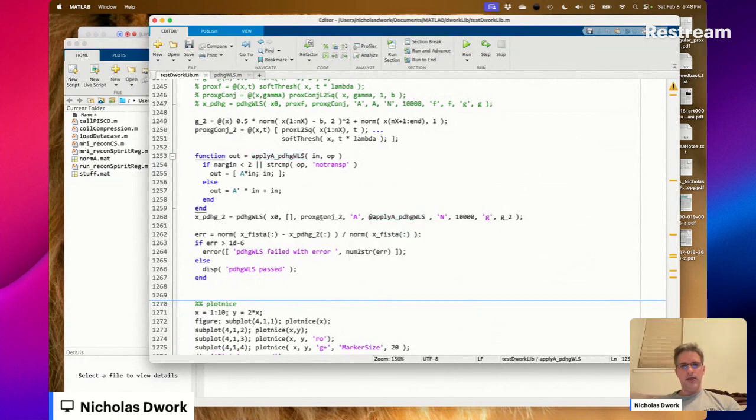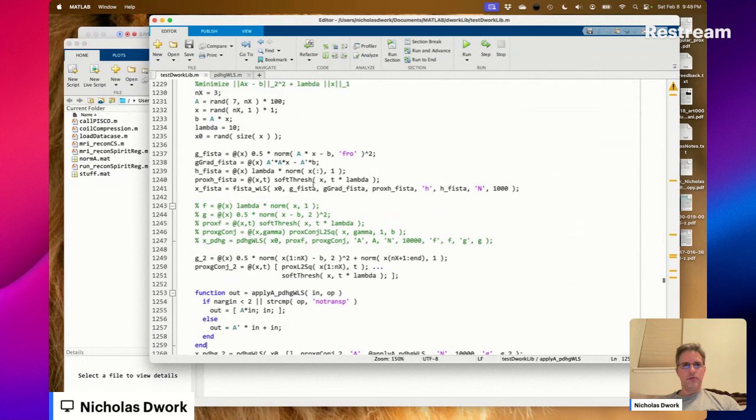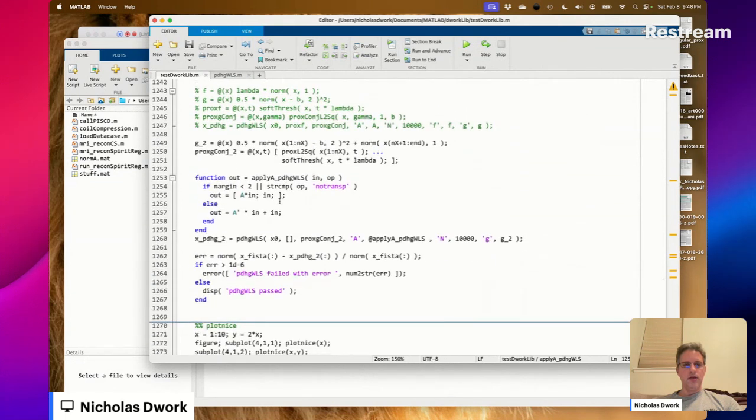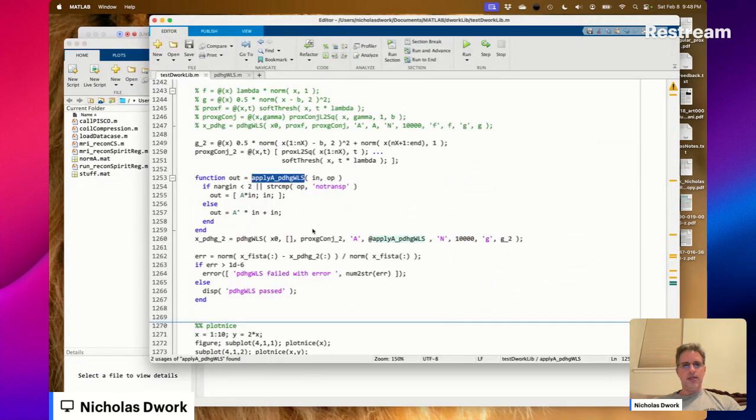I mean, this is ridiculous. It just doesn't see that variable that I'm creating right there.